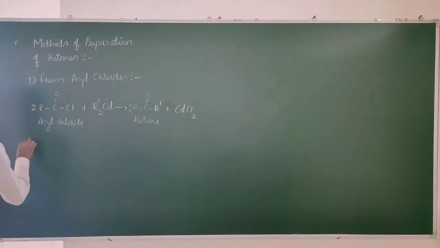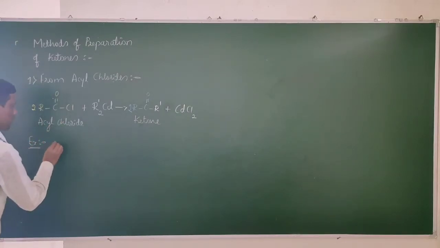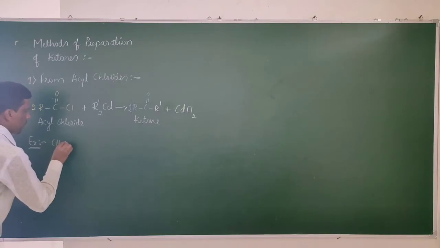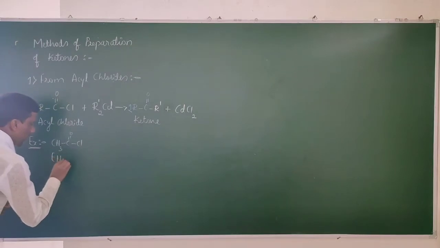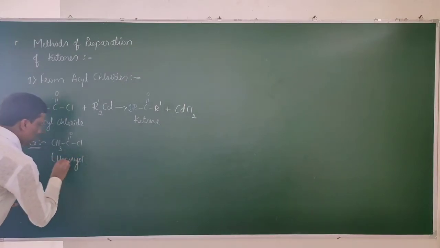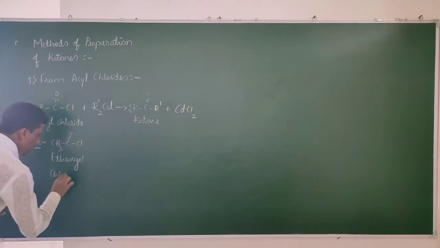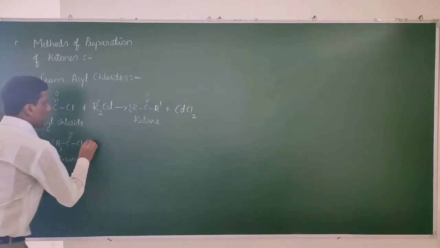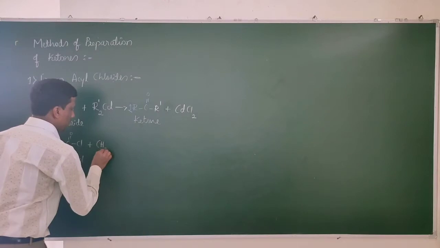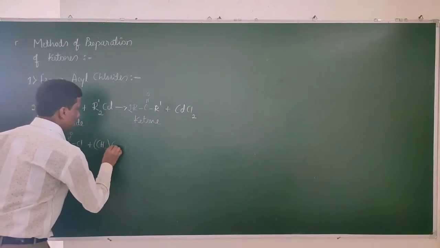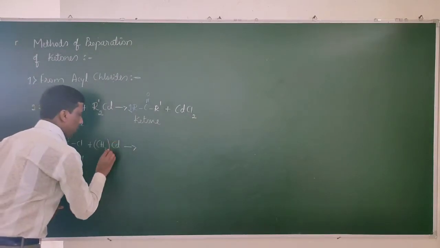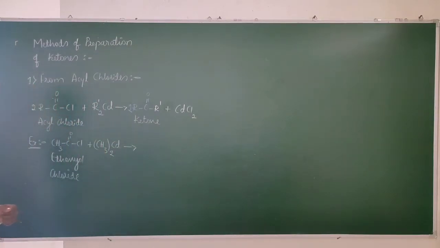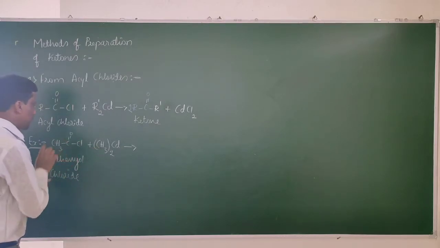Let us consider one example. Consider this molecule. What is this one? Ethanoyl chloride. And ethanoyl chloride reacts with dimethyl cadmium. What happens? This Cl is replaced by this CH3 group.